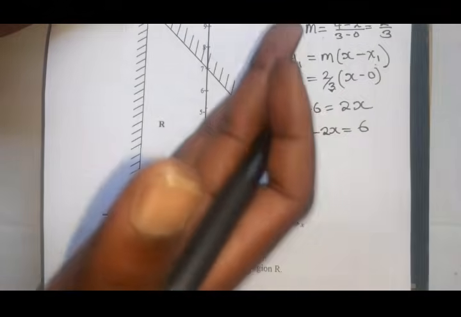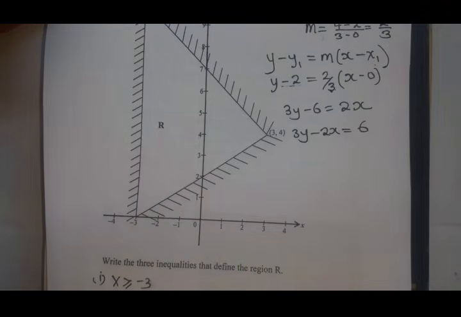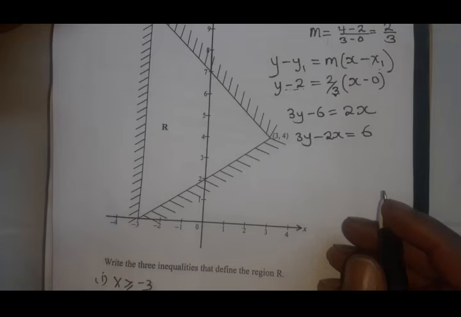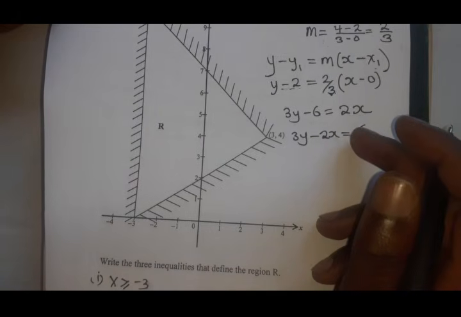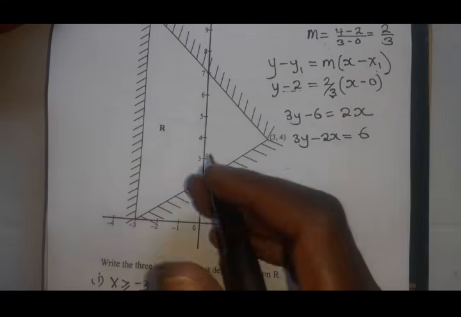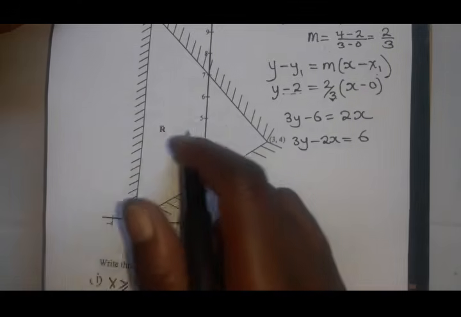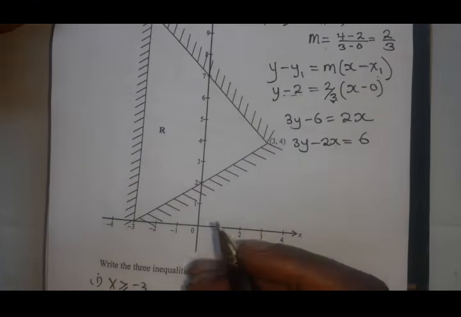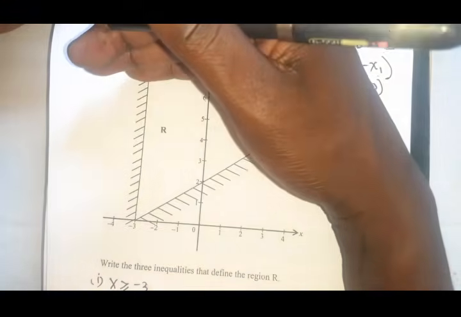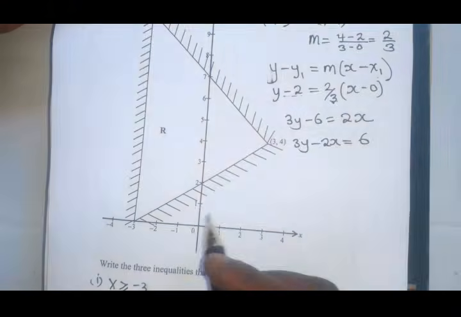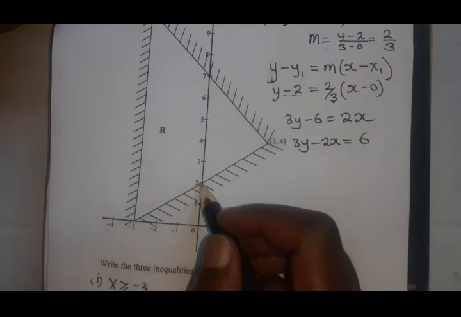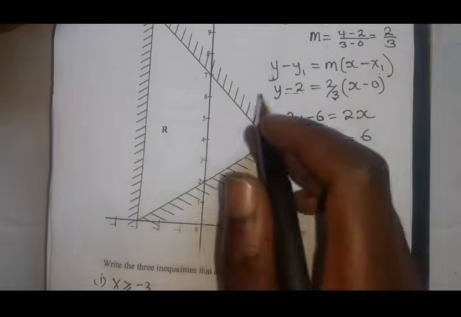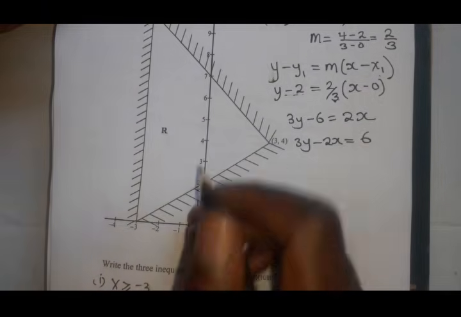Take note that we are looking at the region R. As we go up, if we look at the y coordinates, the y coordinates that are on top of the shaded region are greater than the ones below.